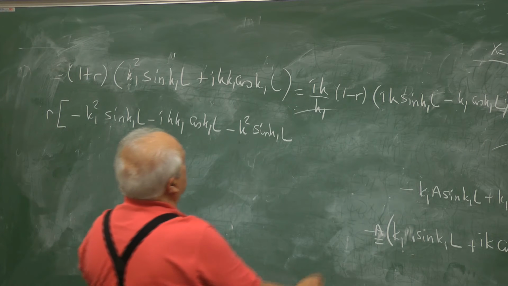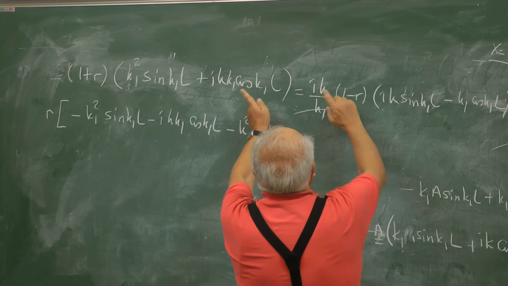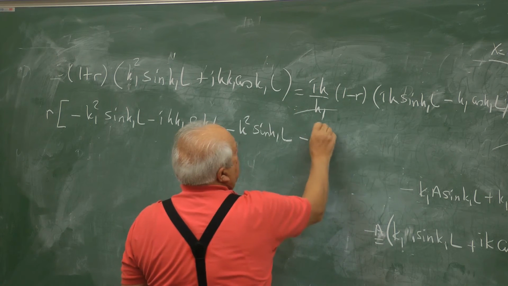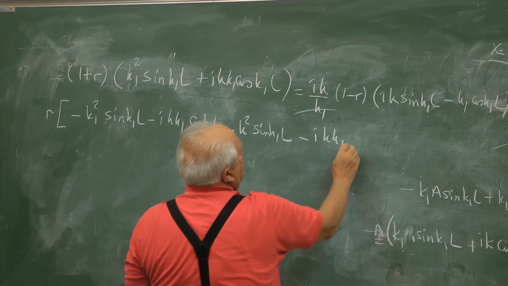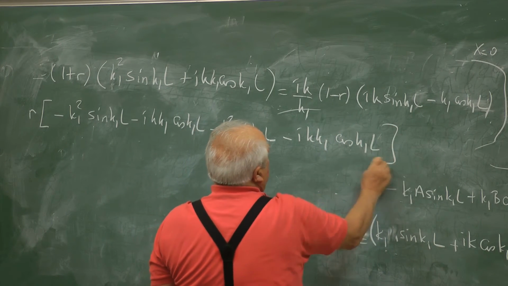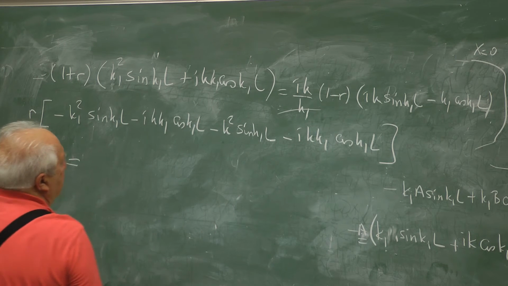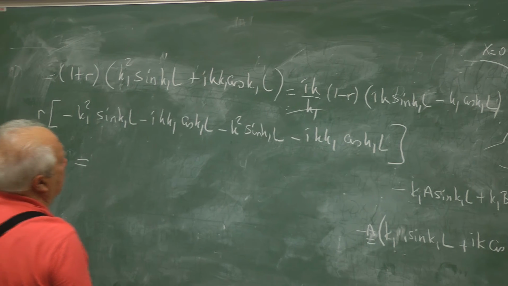And this, minus minus plus, taken to the other side is minus i k k1 cosine k1 L. This thing will be equal to the constant terms.